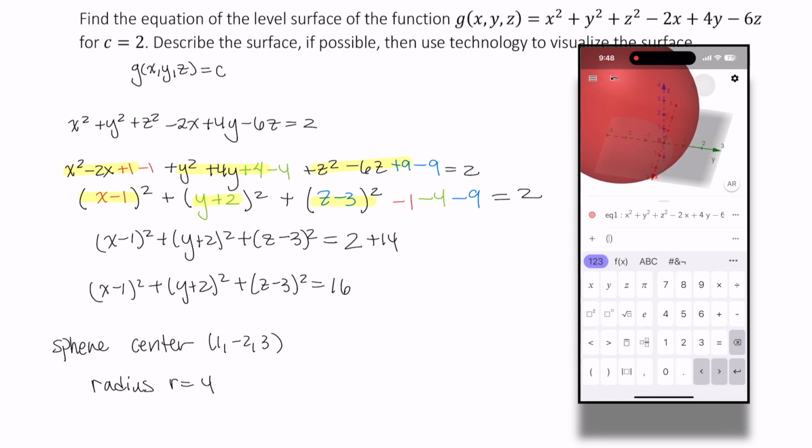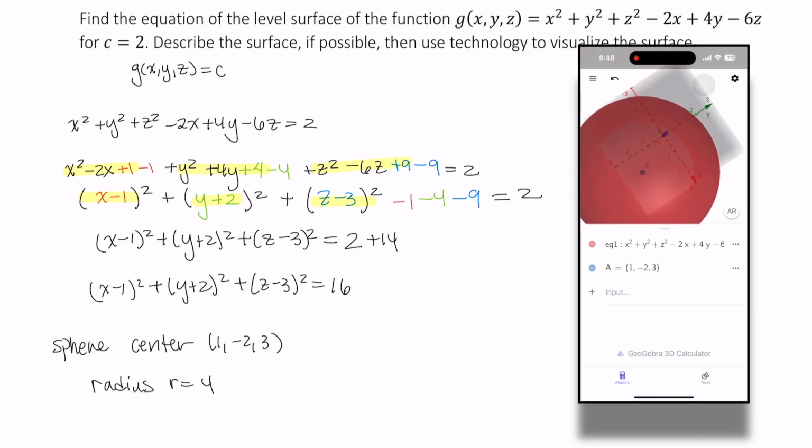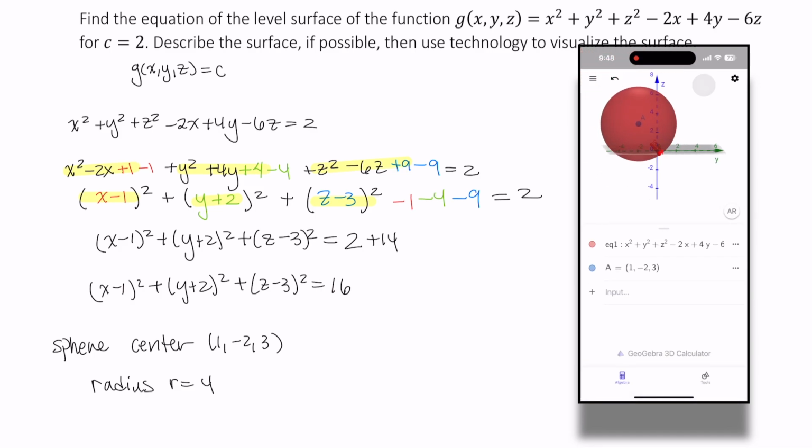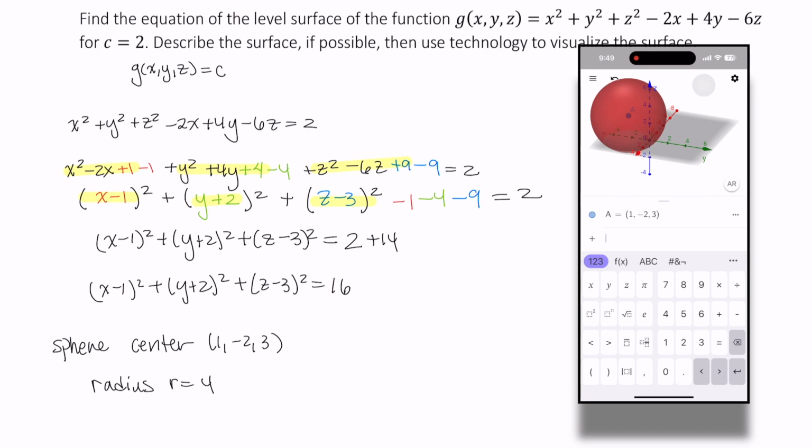And let me quickly type in the center of our sphere of 1, comma, negative 2, comma 3. And it certainly looks like that is the center of our sphere, no matter which way we look at it. And if you want to verify that the resulting equation is correct, let's graph it. x minus 1 quantity squared plus y plus 2 quantity squared plus z minus 3 quantity squared equals 16.